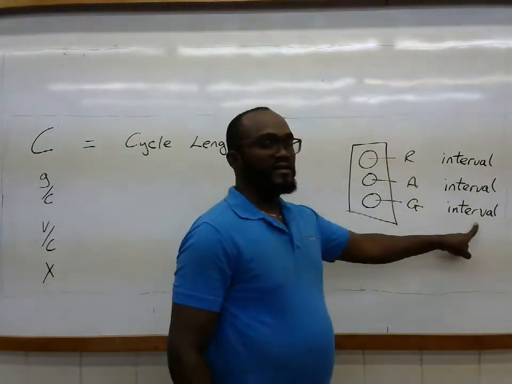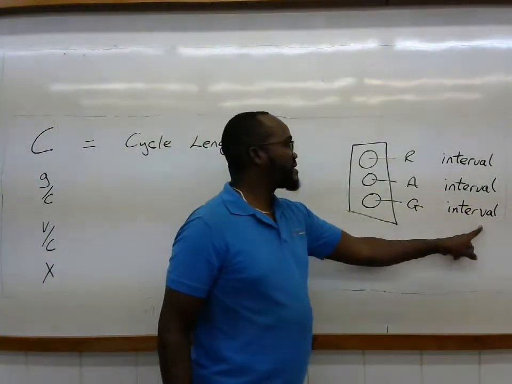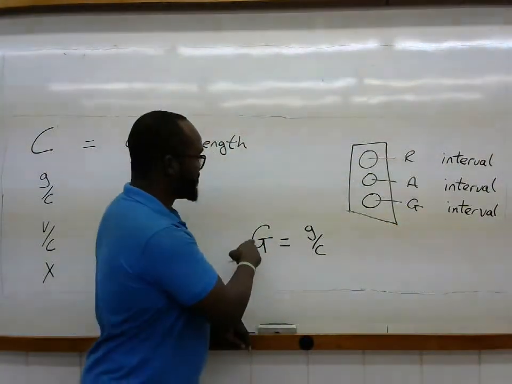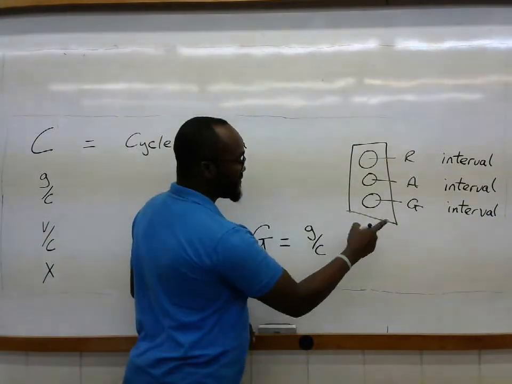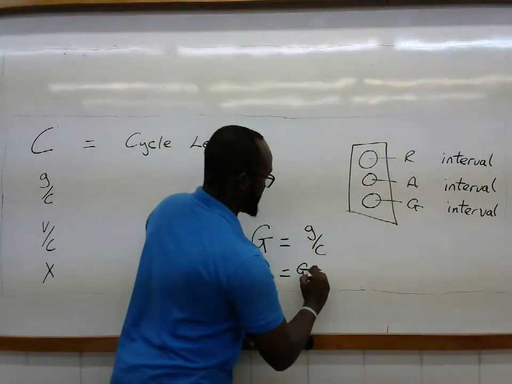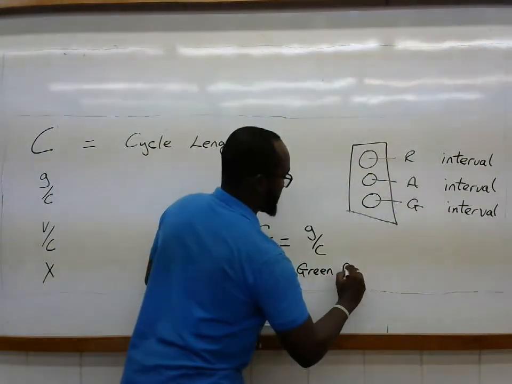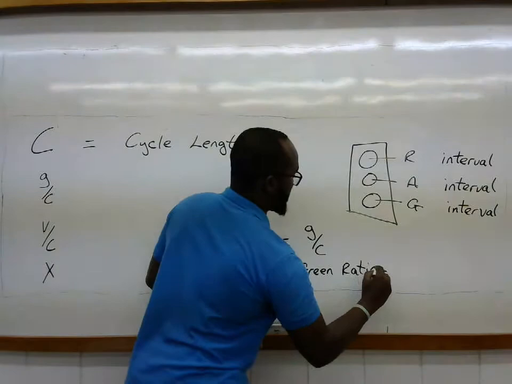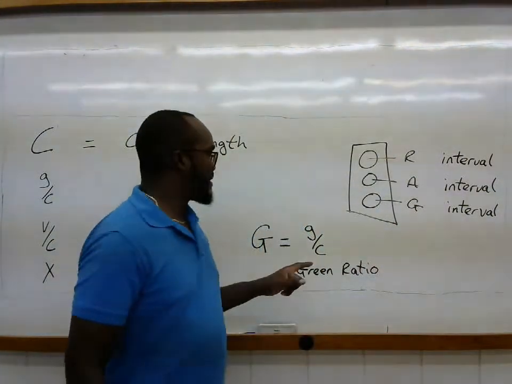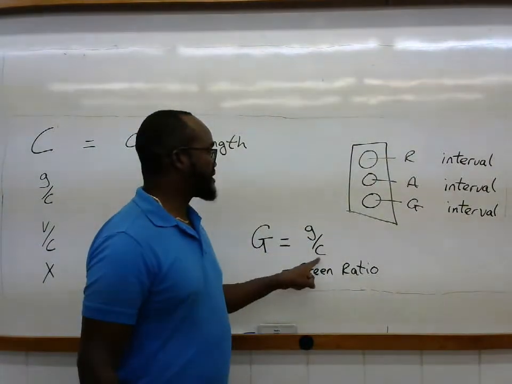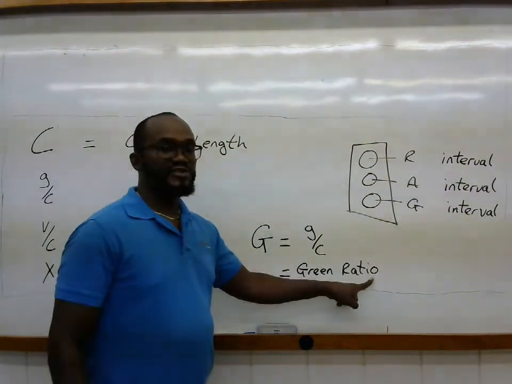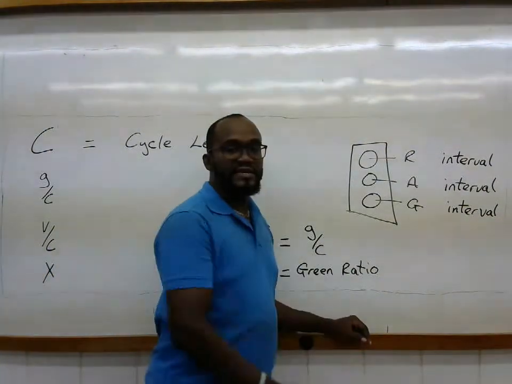The green interval is important because we use this to work out what we call the green ratio, big G being the time for green divided by the cycle length. Recall in the formula to compute D1, which is the control delay, there was an element referred to as G upon C in the numerator. That's called the green ratio and is used for each particular direction.